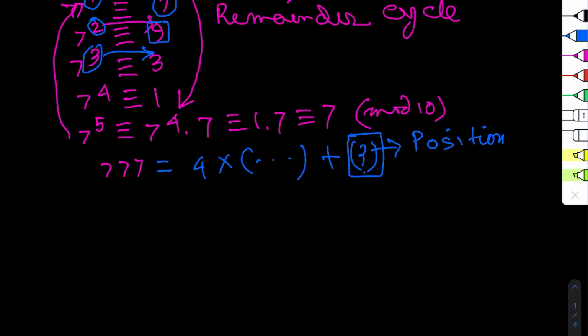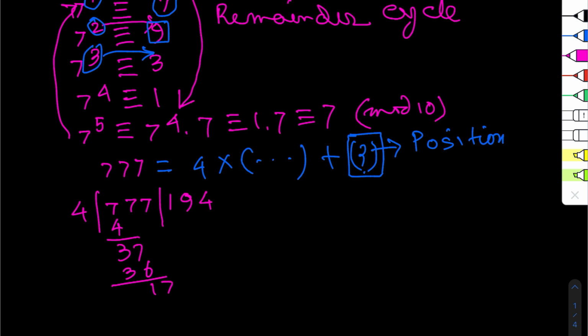It is very easy. 777 will be divided by the number of positions, that is 4. So it is very easy. We have got the position, that is 1; 1 is the remainder.